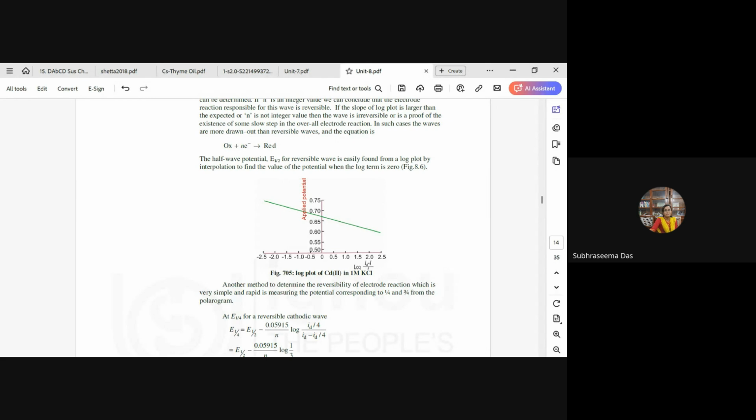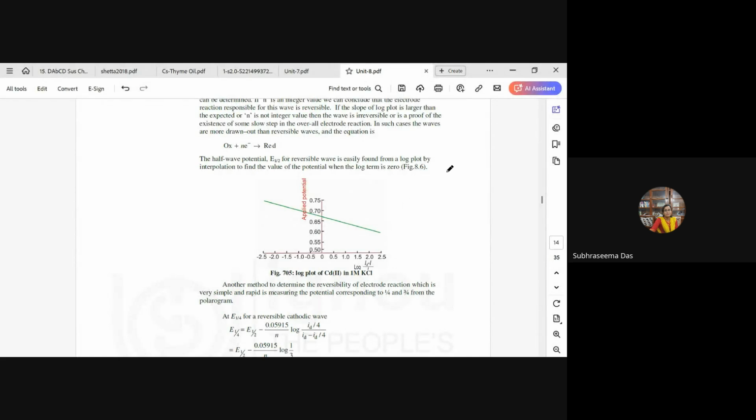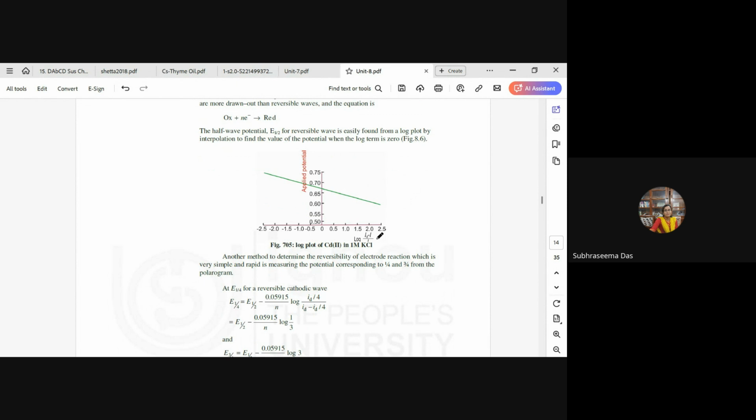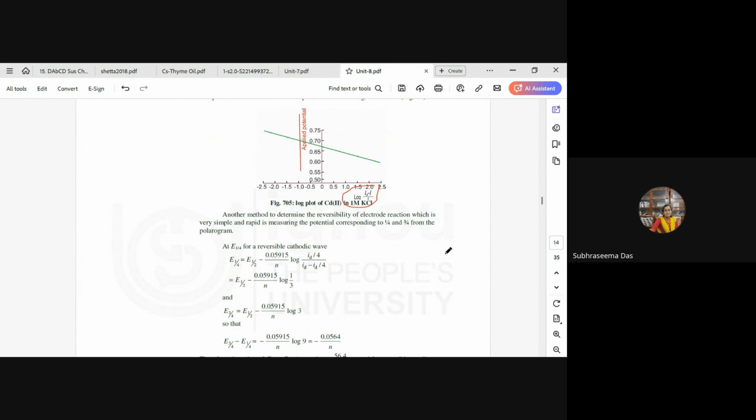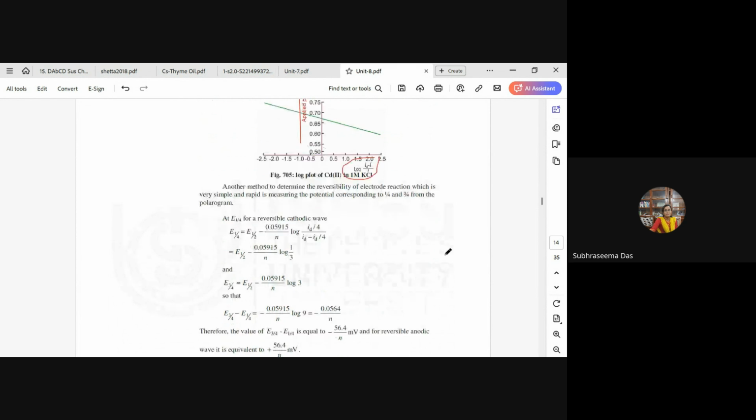For a reversible wave, the half-wave potential can be easily found out from a log plot, that is here in figure 8.6, log of ID minus I by I versus the potential. So this is also one way to calculate the applied potential.